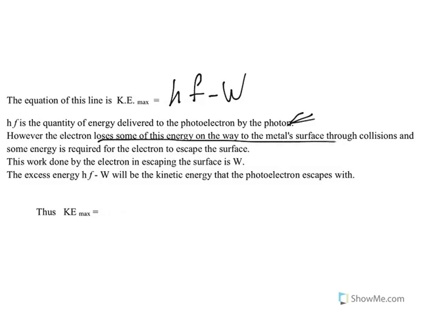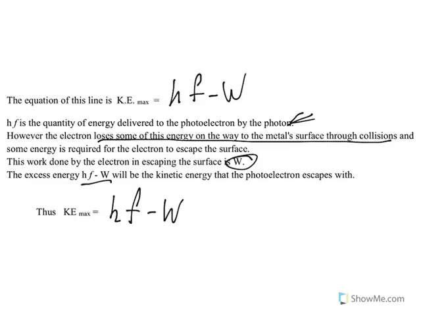The electron loses energy when it makes its way to the surface, and that's W, the work function. The energy we've got left, hf minus the work function, is the kinetic energy of the photoelectron, the electron that shoots out.